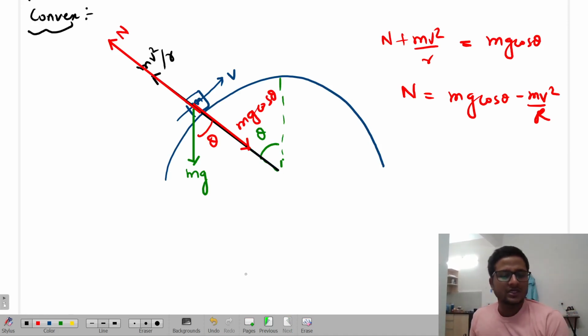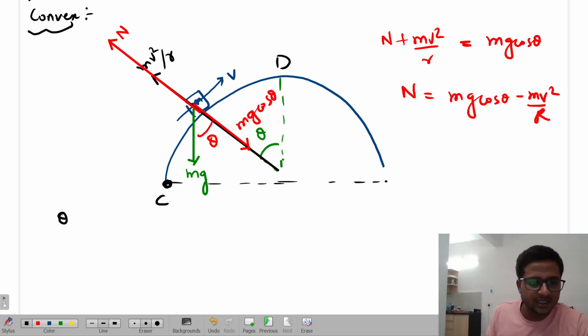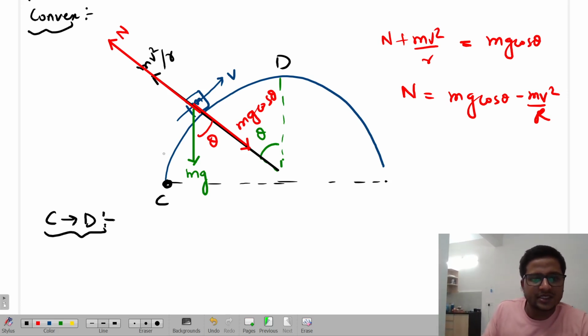If I consider convex, then once again consider this as base ground. This is point C, this is point D. Once again, when I move from C to D, theta is... कहाँ से कहाँ जा रहे हैं अपन, C से D तक, तो जैसे C से D ऊपर की ओर चढ़ने लगेंगे, थीटा की वैल्यू बढ़ेगी या घटेगी?